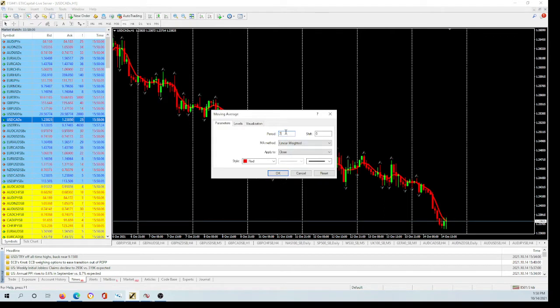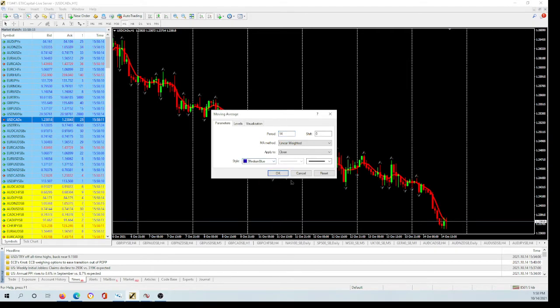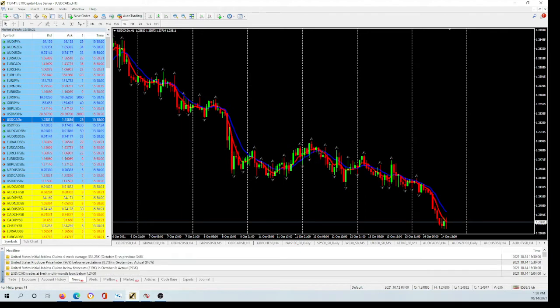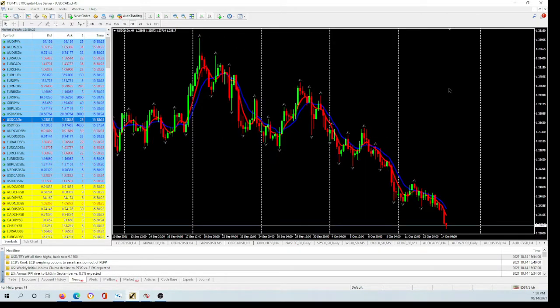So this is the 7 and the 14 EMA. This is very simple: the 7 is the red one, and the 14 is the blue one. This is a really simple strategy that you can use.